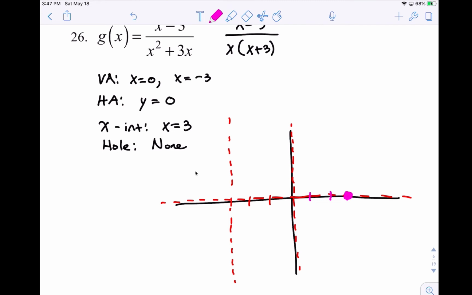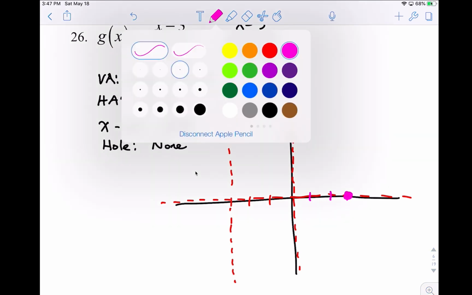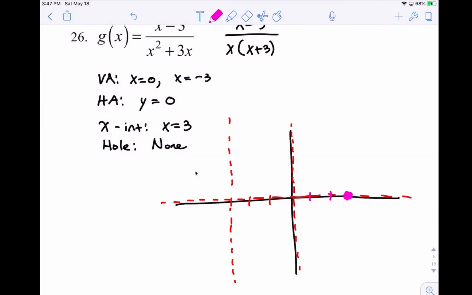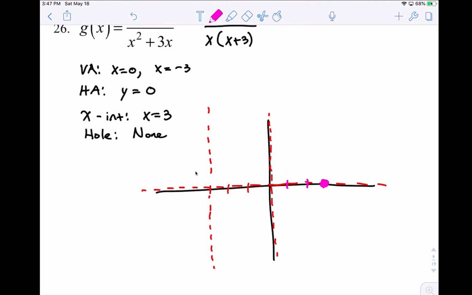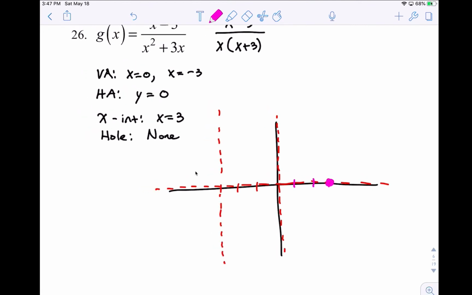Okay, so this one I think I'm going to do a sign chart because I'm not really sure where, because I have 3 areas here. I don't know where each branch should go.